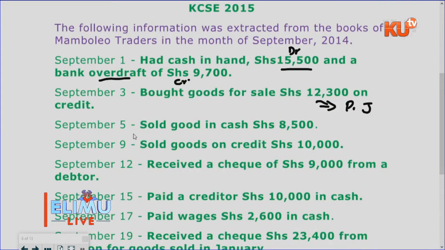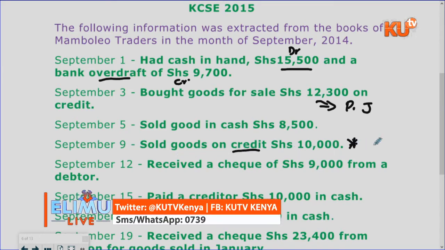On September 9, sold goods on credit 10,000. Again, this is a transaction that is on credit sales. It is not recorded in the cash book. So this one will not be recorded in this case. If you are to record this transaction on September 9, you will open a statement we call the sales ledger, so the sales journal.